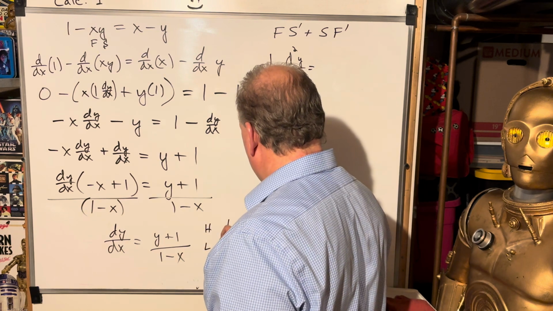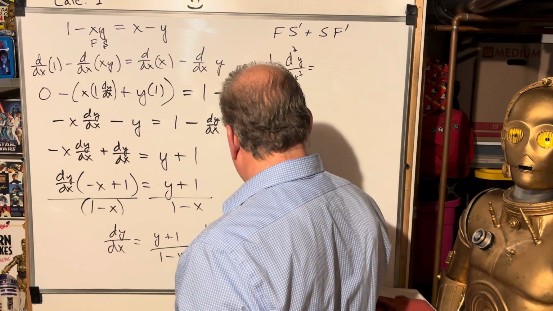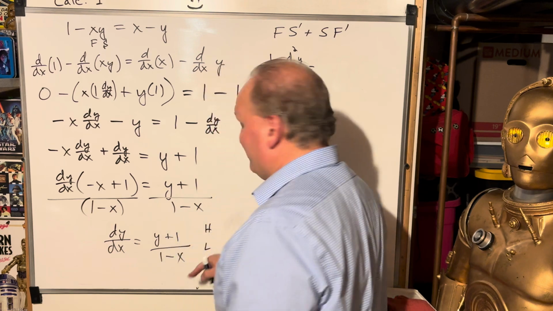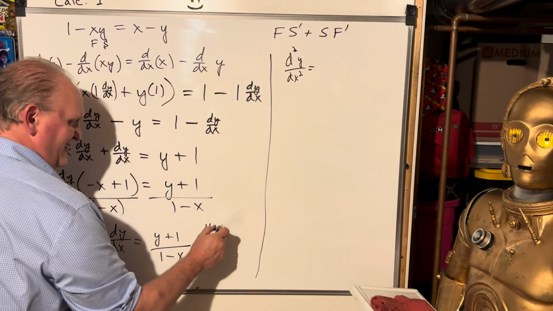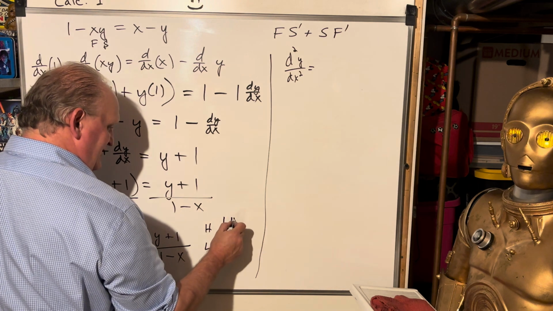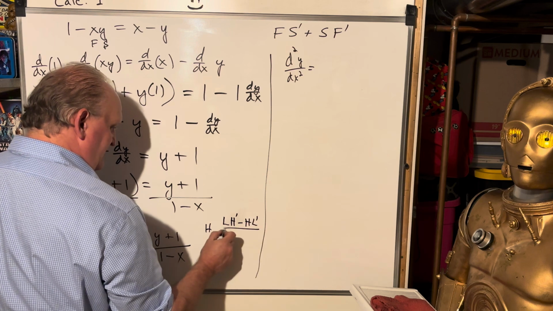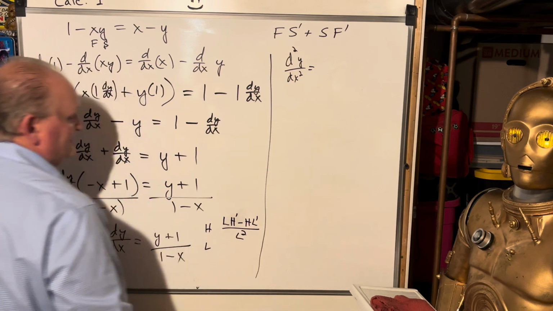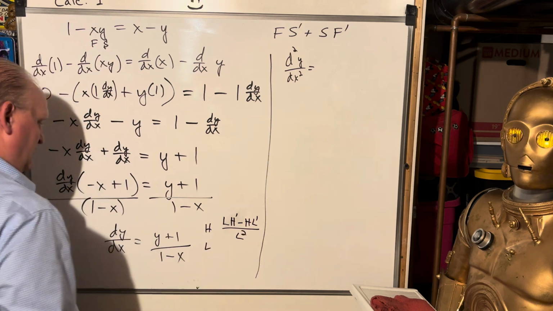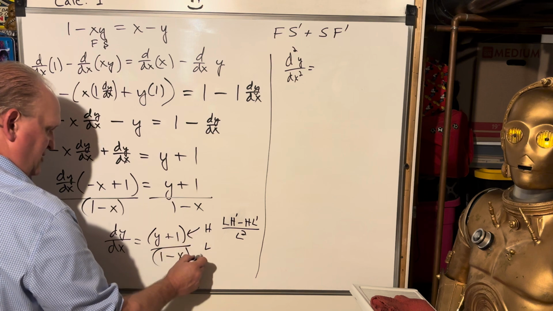So low d high minus high d low over low. Oof, getting tired. Always starts with low and ends with low and over low squared. All right, so there's my h, there's my l.